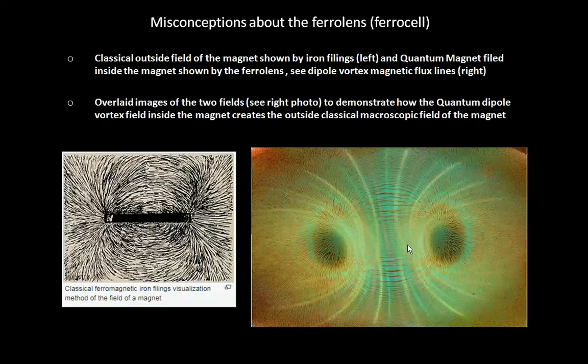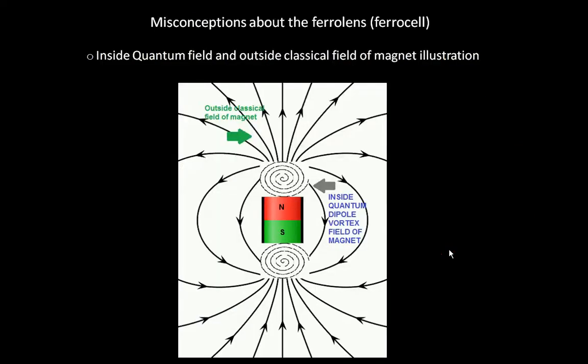And a simpler illustration of this very important observation we get with the ferrolens, which I must say is a groundbreaking observation of how magnetism works in ferromagnetic materials.